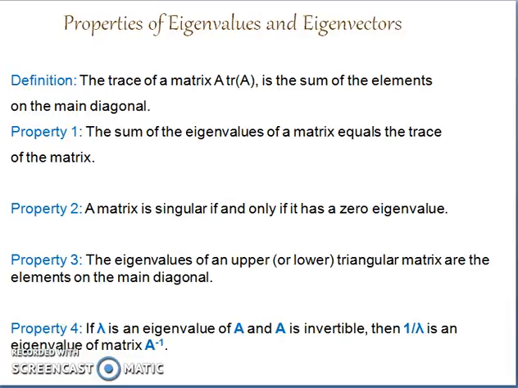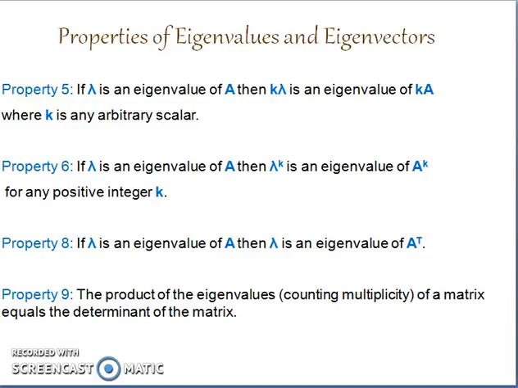Property 4: if lambda is an eigenvalue of A and if A is invertible, then 1 by lambda is an eigenvalue of A inverse. Property 5: if lambda is an eigenvalue of A, then k lambda is an eigenvalue of the matrix kA, where k is an arbitrary scalar.